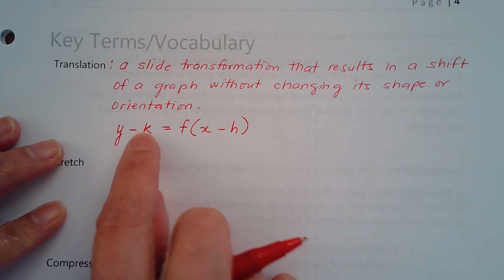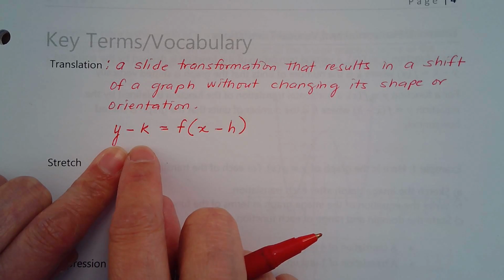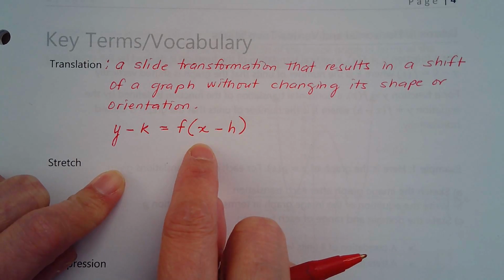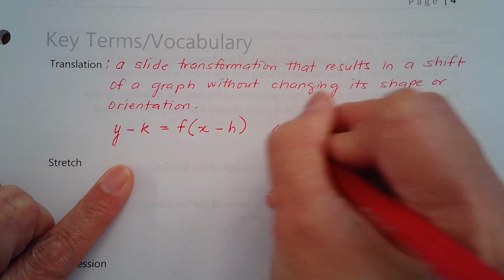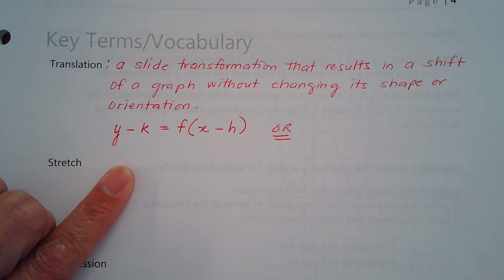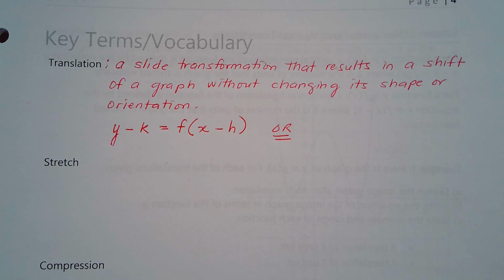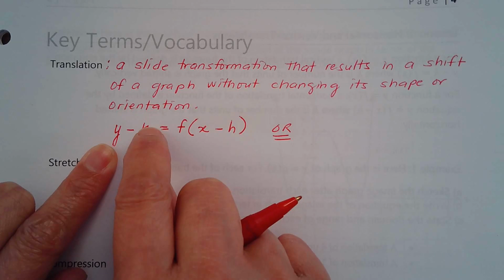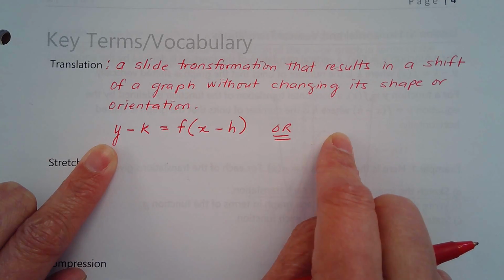Now this is what one of your fellow classmates said: y minus k equals f of x minus h. We could also express it this way, right? Because when we look at our function, we have the y on its own, right? So what I'm gonna do is I can take the k to the other side of the equation, and what would that look like?